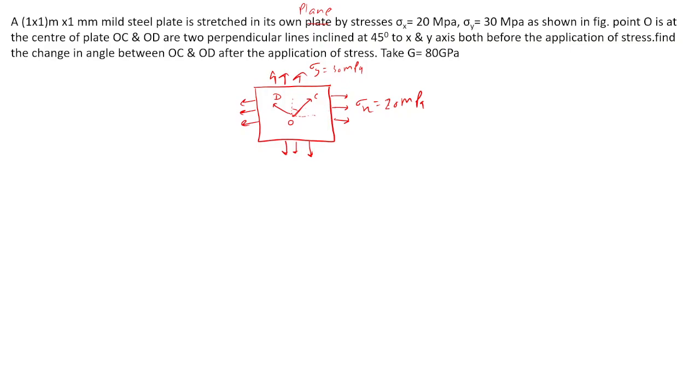From this direction it is the plane of maximum shear, right? 45 degrees to this, and here also 45 degrees to this. Means OC and OD are planes of maximum shear. It is correct, because both are at 45 degrees.